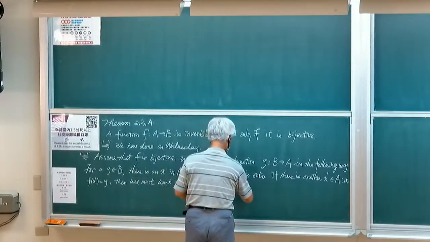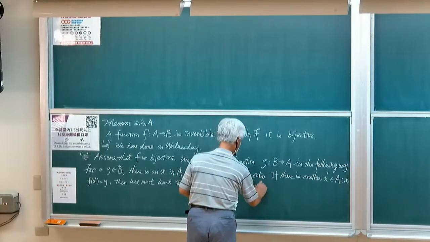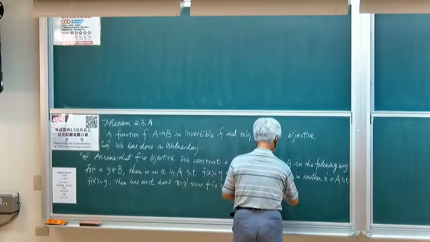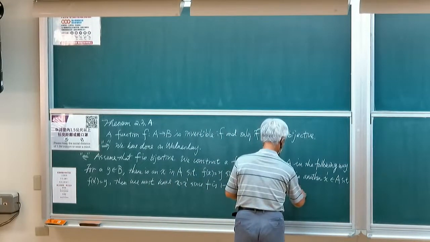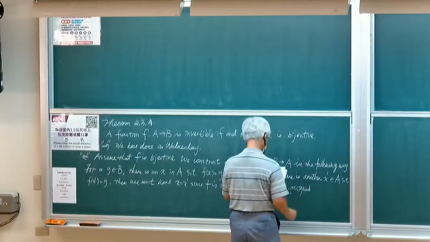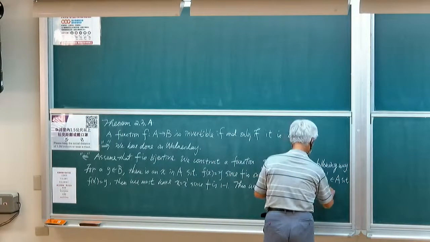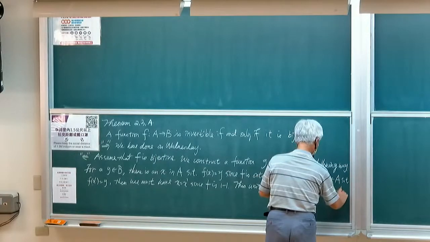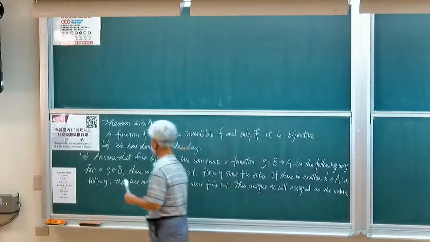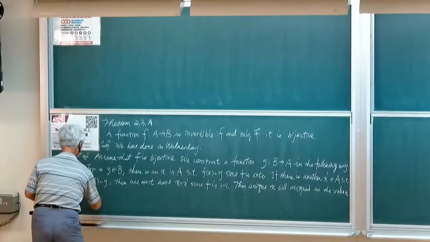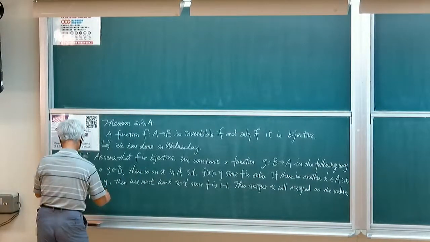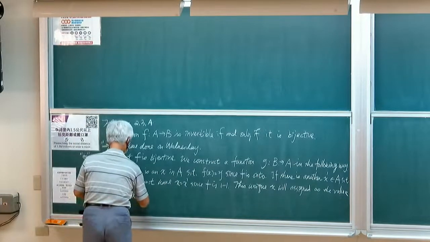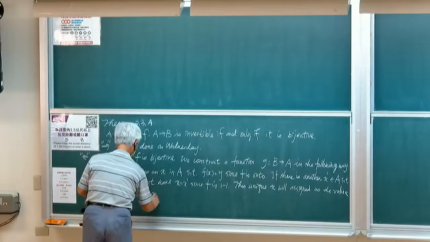All right, so this unique x will be assigned as the value of g at y, i.e. x is assigned to be g of y.